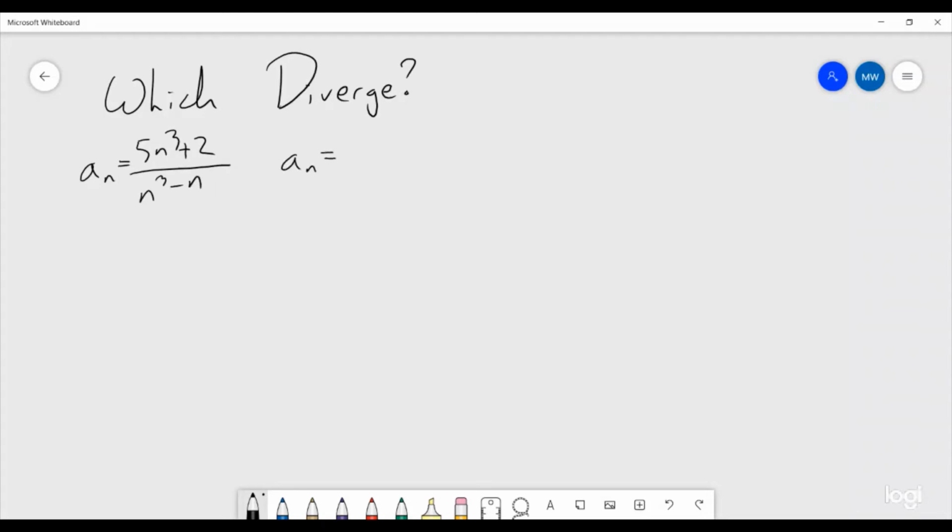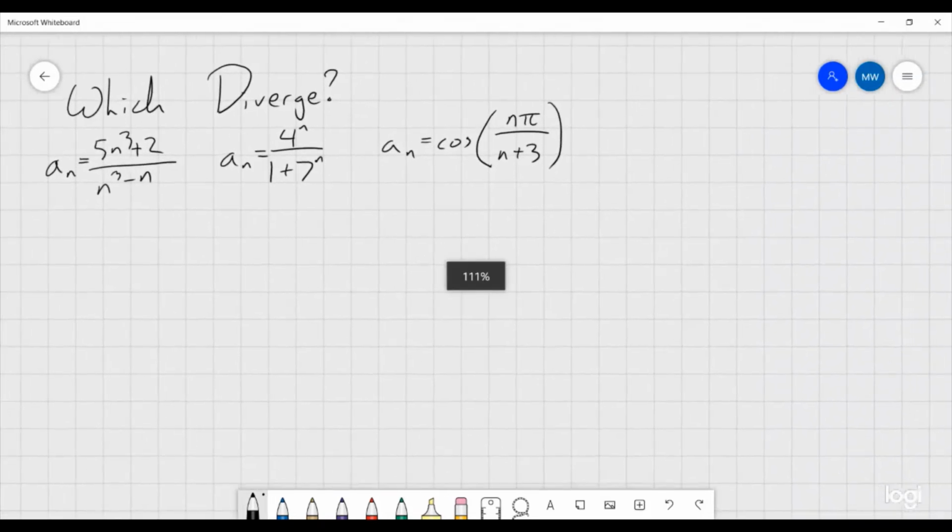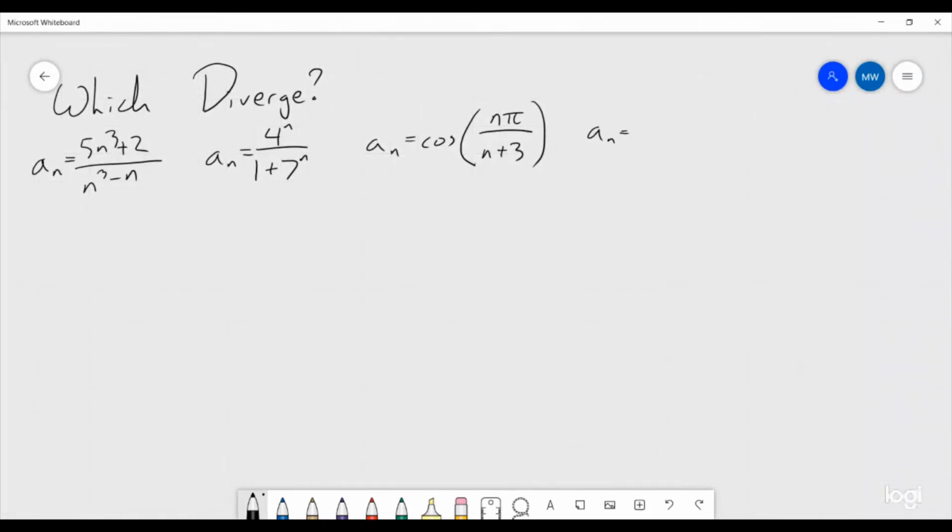We have a sub n is 4 to the n over 1 plus 7 to the n. We have a sub n equals cosine of n pi divided by n plus 3. We have a sub n equals the natural log of n over the natural log of 2n. We have a sub n equals 2n squared minus n over the square root of n cubed plus 3n squared. So which of these are going to diverge?